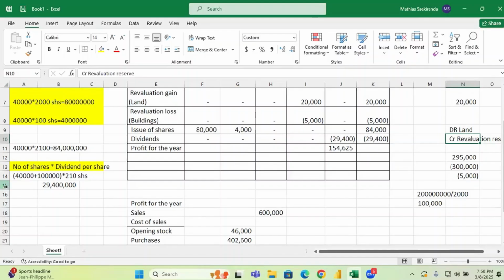It passes through other comprehensive incomes because this is a non-cash income. Are we together? However, revaluation loss goes through profit or loss because you have already realized the loss. You have already made a loss. But for the gain, it goes through other comprehensive incomes.